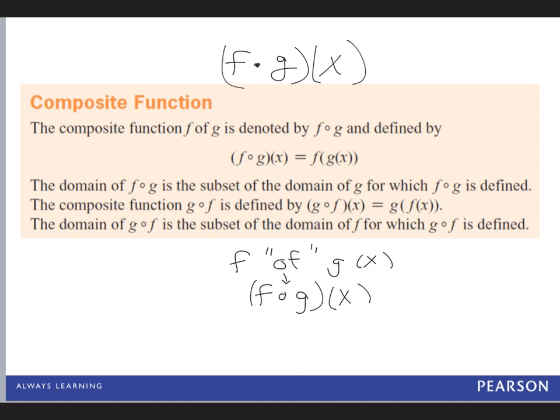And so sometimes you will see it written like this, f of g of x. And it still means the same thing. You're going to do g of x, and then after you do g of x, then you're going to do f of the output of g of x. So it's easier to see once we do a couple examples.